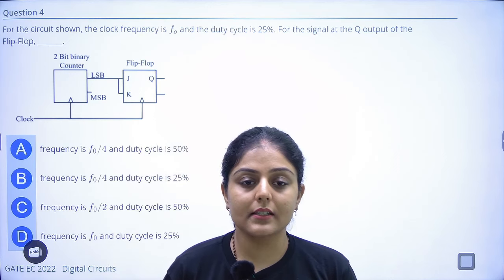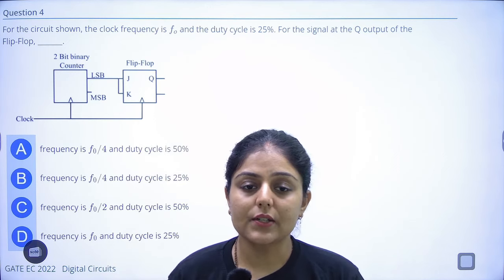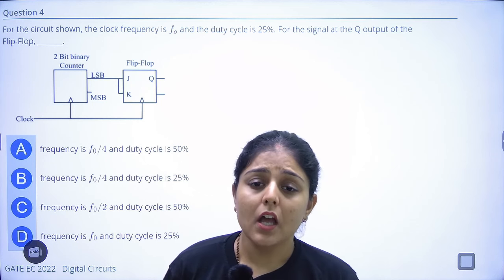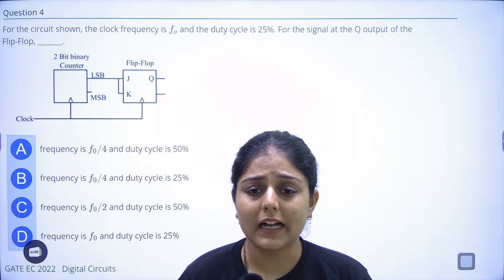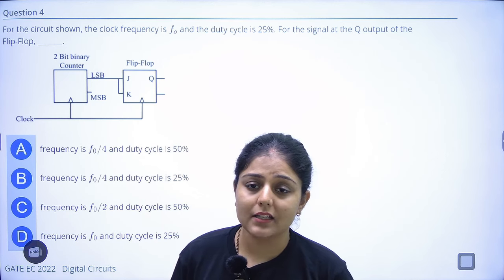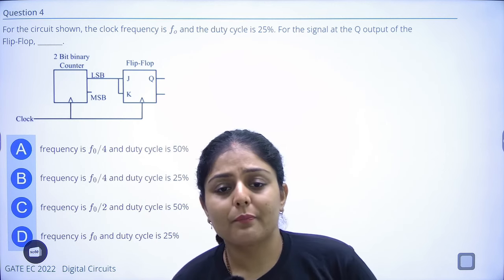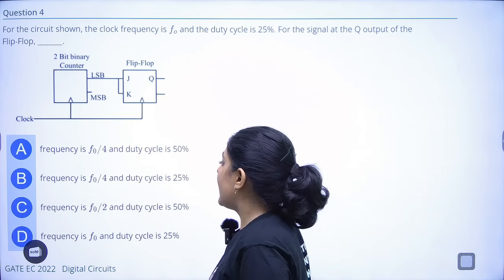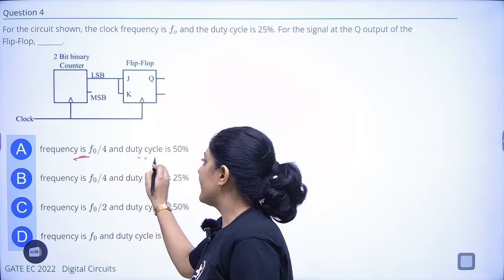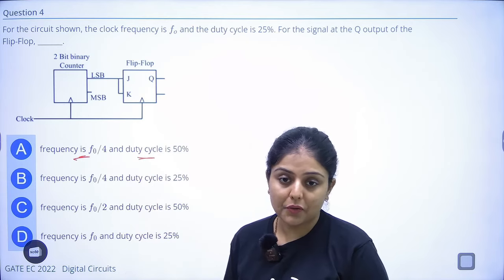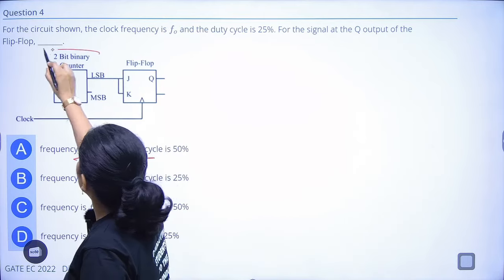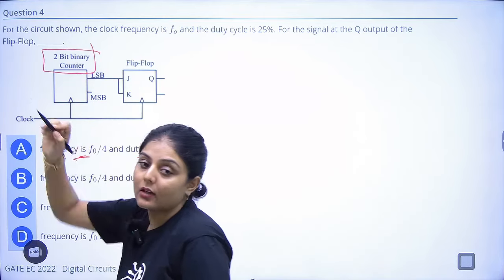So for the circuit shown, the clock frequency is F0 and the duty cycle is 25%. For the signal at the Q output of the flip-flop, they are asking what will be the frequency and what will be the duty cycle of the output. This is a 2-bit binary counter.